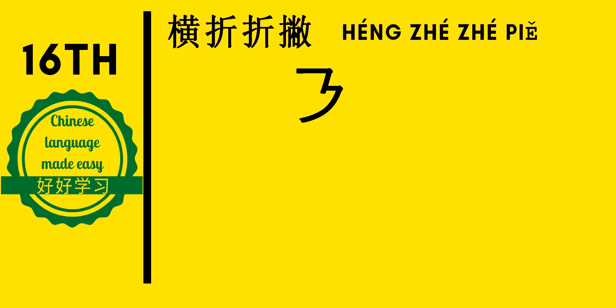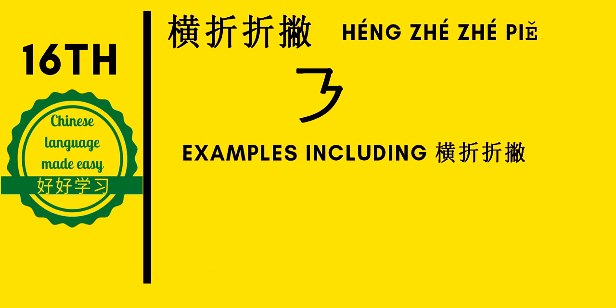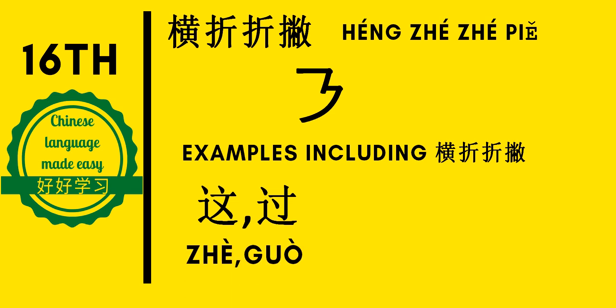I will show you some examples which you would need to know now. These are the examples which include this stroke. The first one is zhe, and the second one is guo.